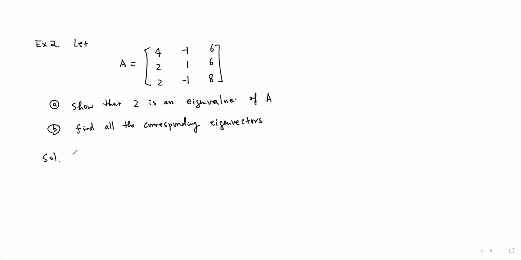Solution. Let me answer part A first. To show that 2 is an eigenvalue of this matrix, go back to the equation A x equals lambda x. If I can find a non-zero vector x so that this equation holds with lambda equal to 2, then 2 is an eigenvalue.